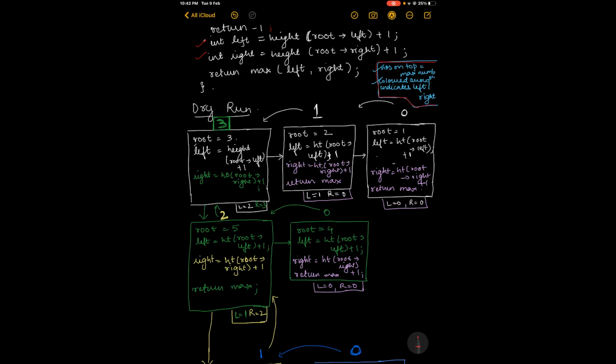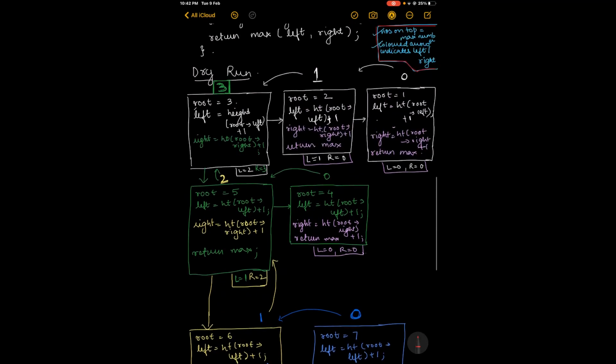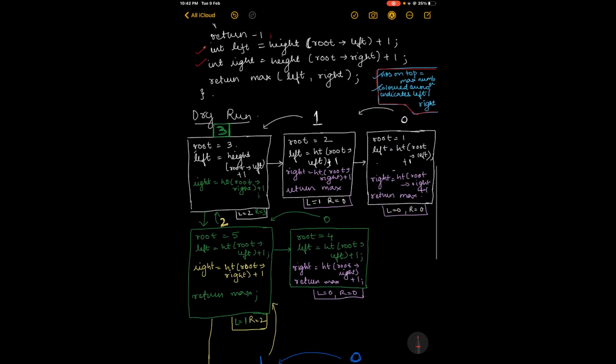Here's a simple key that I have mentioned. This is a huge dry run visualization, so it's better that you know these two. The numbers on top of each box are the numbers which will be returned. These are the maximum of the left and right found in that particular block, and that number will be returned to the previous one.